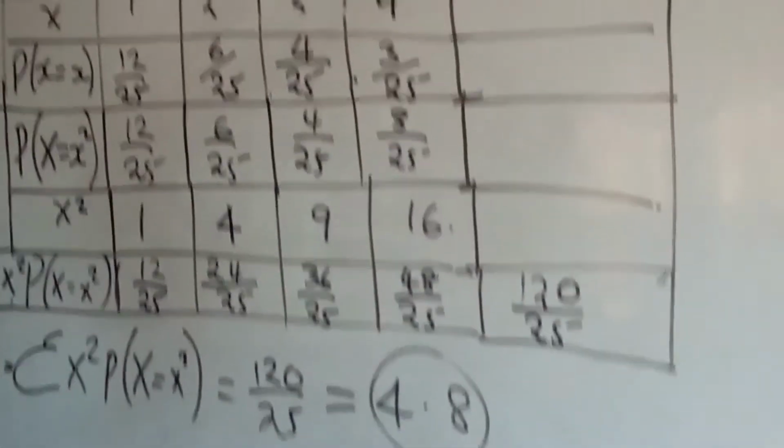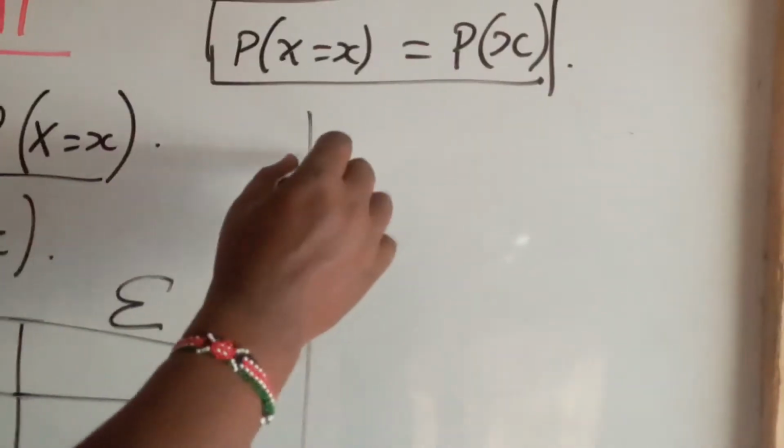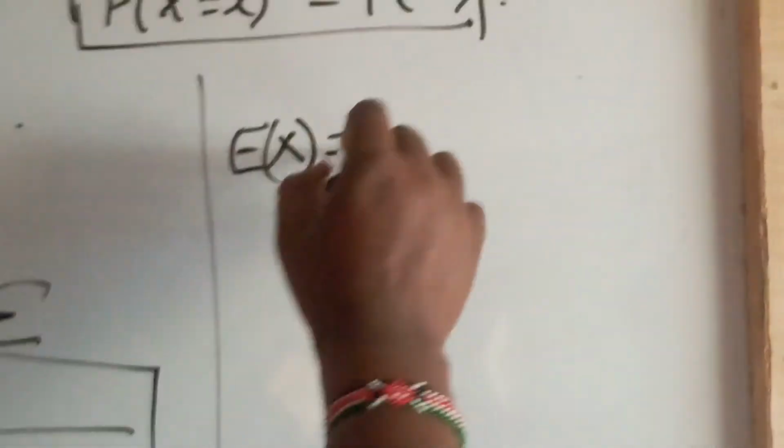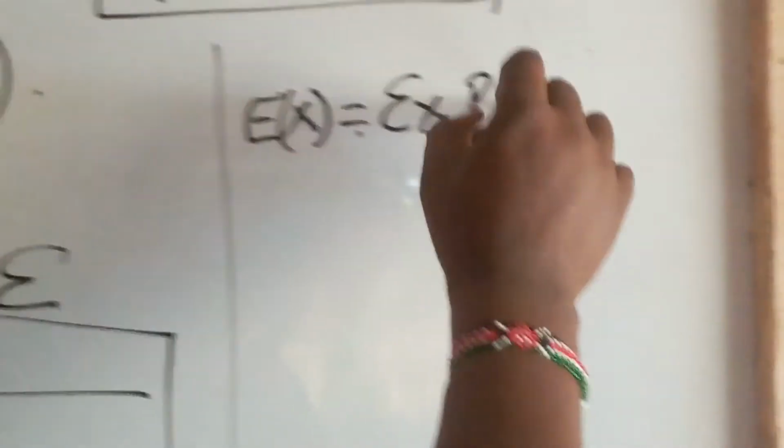I want us to just compare that with the expected value of x, even though it is not asked in the question, so that we don't confuse the two. The expected value of x is sigma x times the probability of x.